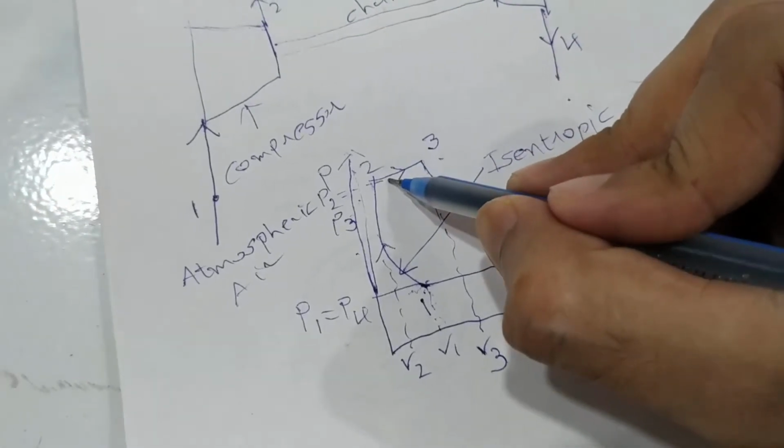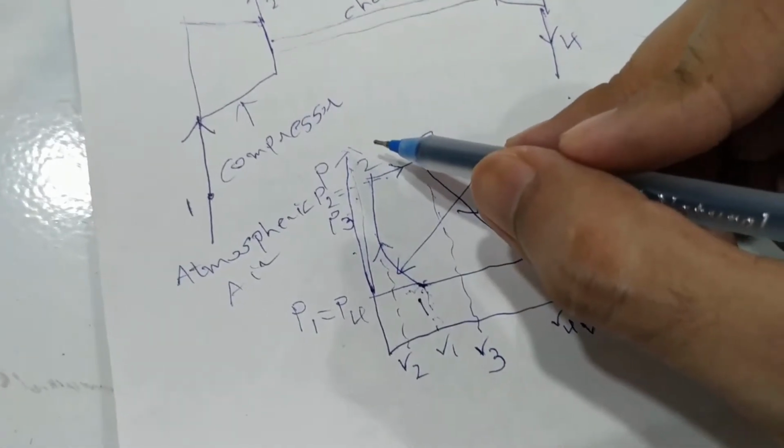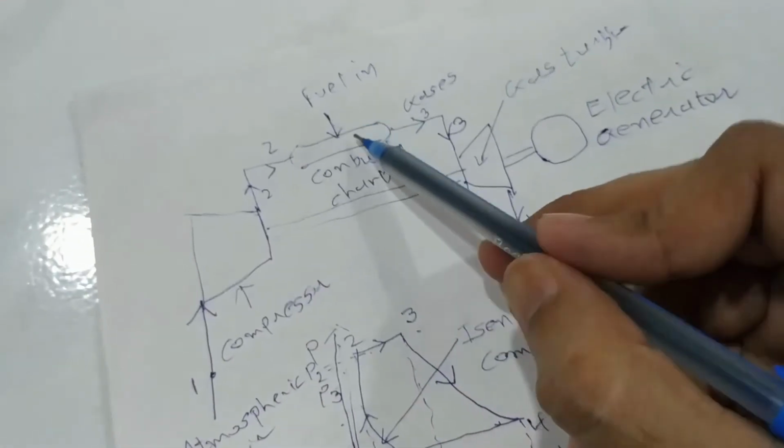The next process can be considered as constant pressure heat addition, which is the combustion chamber.